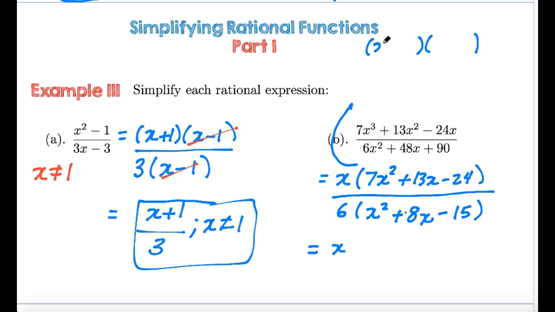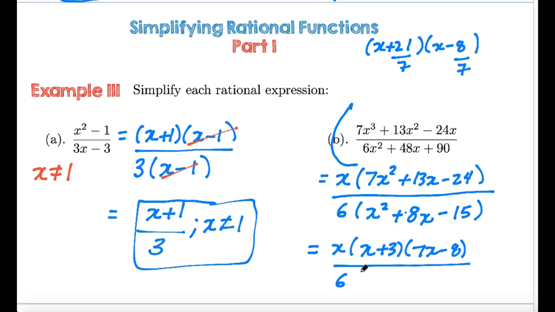So it would be x plus 21, x minus 8 over 7 here to account for that. So my two factors are x plus 3 in the numerator and 7x minus 8, also in the numerator.